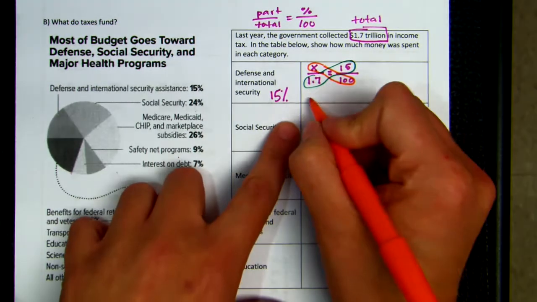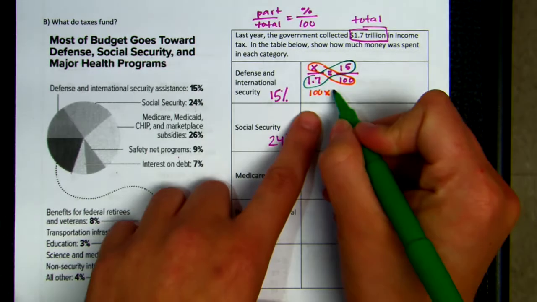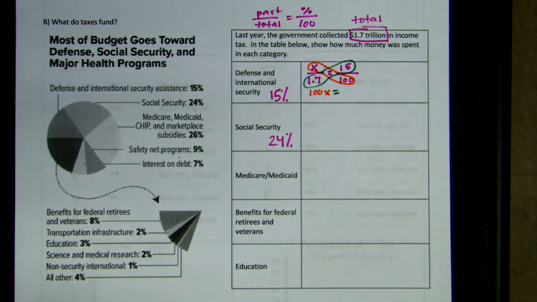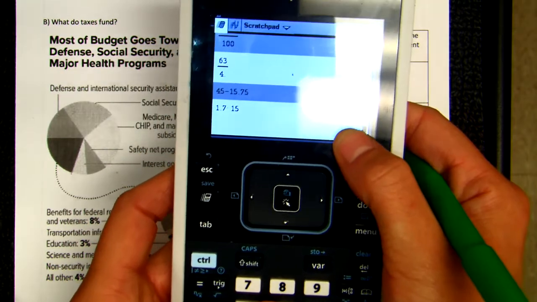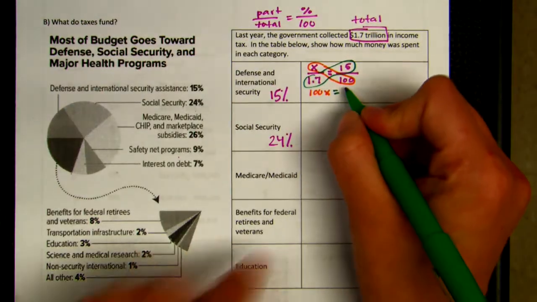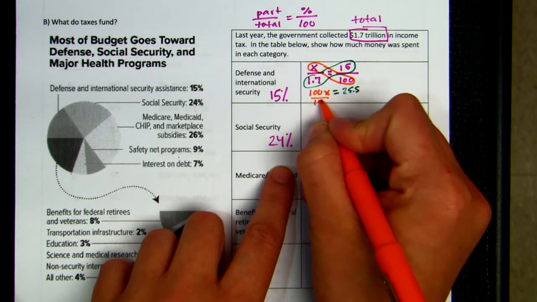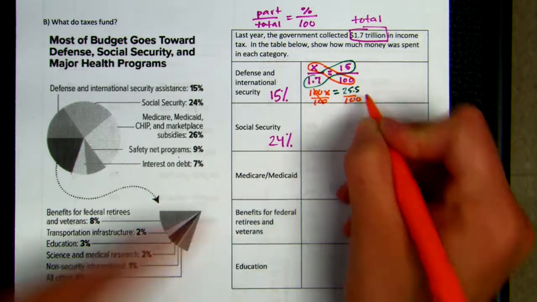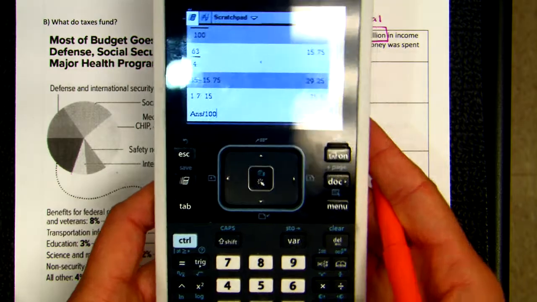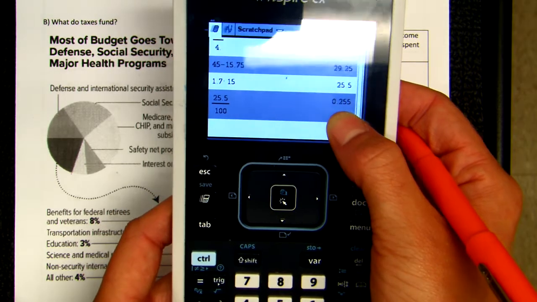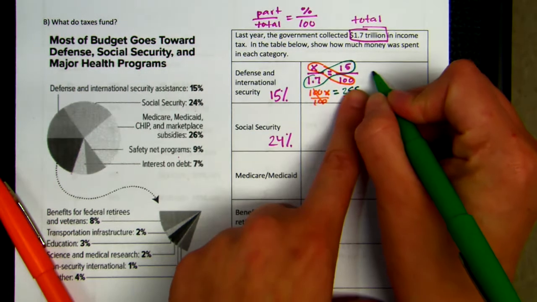So I get 100x is equal to, when I multiply 1.7 times 15, I get 25.5. Divide by 100 on both sides to cancel it out and get x by itself. So 25.5 divided by 100, I get 0.255.